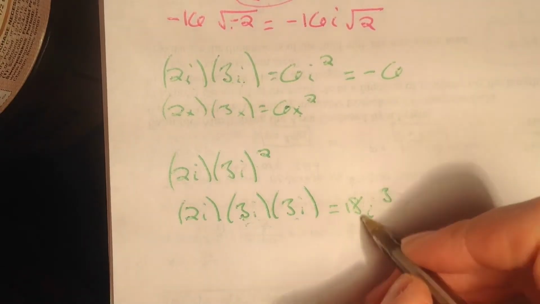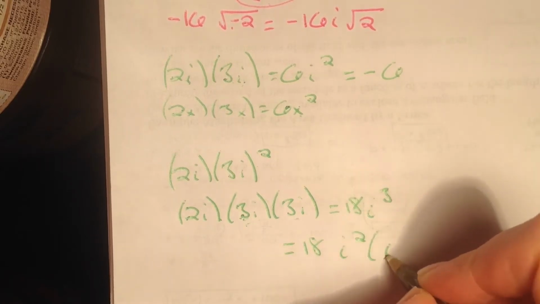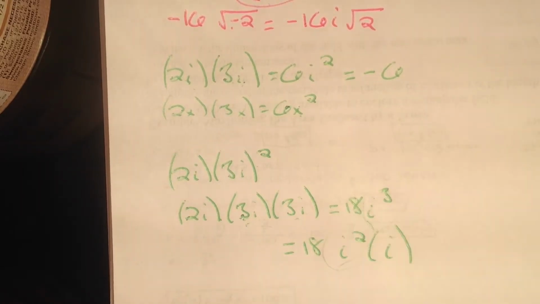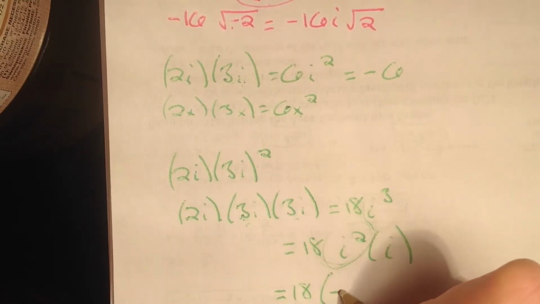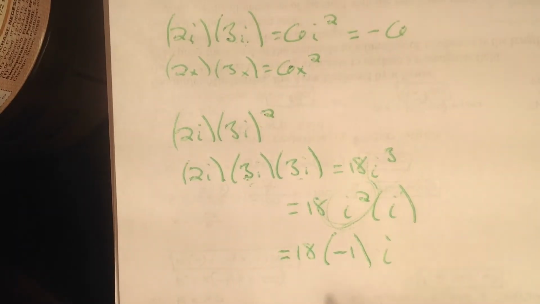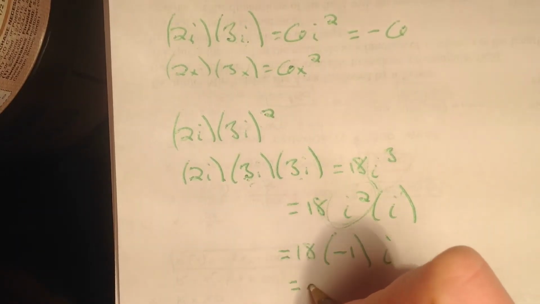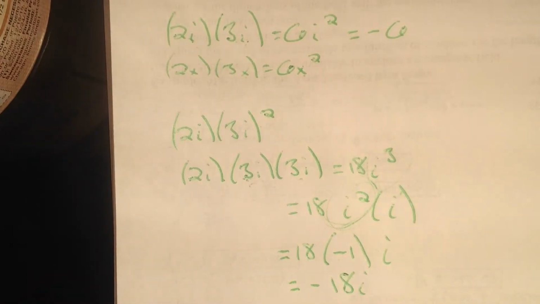Now, this is the same thing, though, as saying i squared times i. So we can break it down into the two pieces. i squared produces a -1, and the leftover i stays. So 18 times -1 becomes -18, and the i stays on the end.